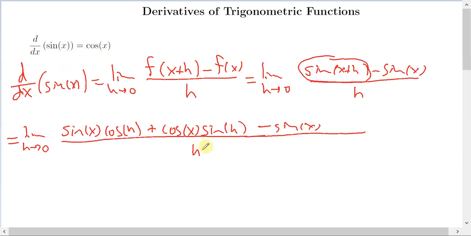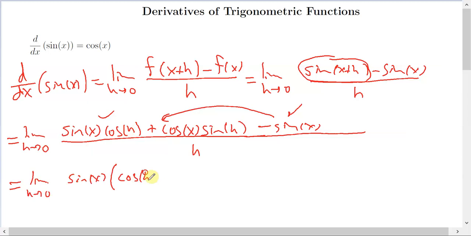And so now I'll just do what I can do. Notice that this term here and this term here have a common factor. So I'm going to pull this one over here without rewriting the whole thing, and I'm going to factor the sine x out of those two terms. So I'm going to have the limit as h goes to 0, factoring a sine x out of those two terms. Okay, so for this first one, I'm still going to have a cosine h.